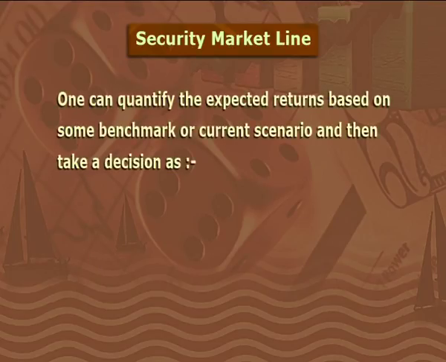Thus, the capital asset pricing model can be used to sell, buy or hold stocks. It considers the required return on a stock with reference to the risk involved. One can quantify the expected returns based on some benchmark or current scenario and then take a decision like this.